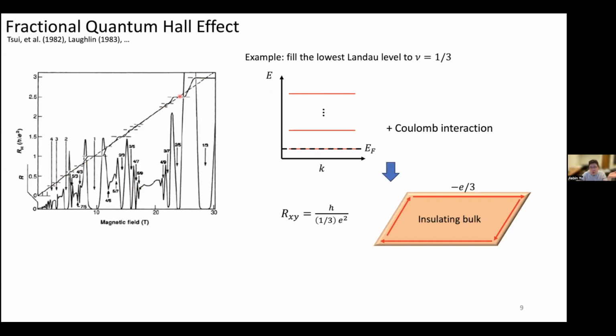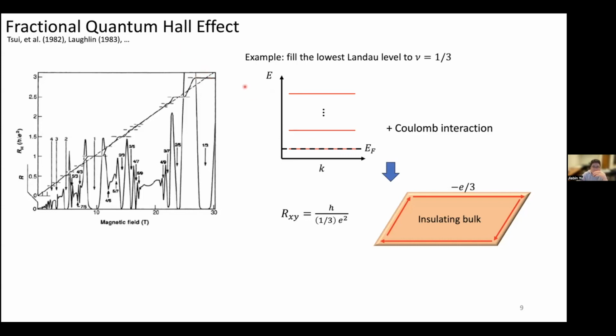If we neglect Coulomb interaction at single particle level, 1/3 just means that we fractionally fill the lowest Landau level. At the single particle level, the Fermi energy just cuts the lowest energy level, and it will give us a metal, which is inconsistent with this plateau structure.